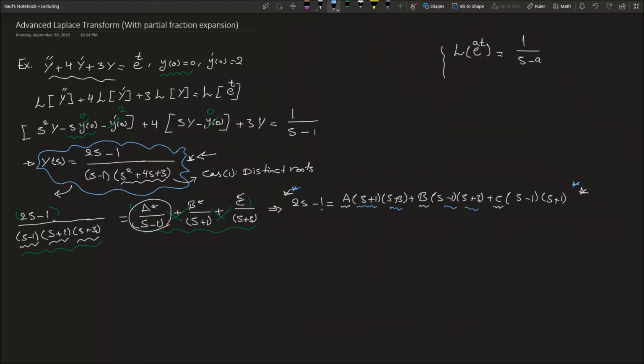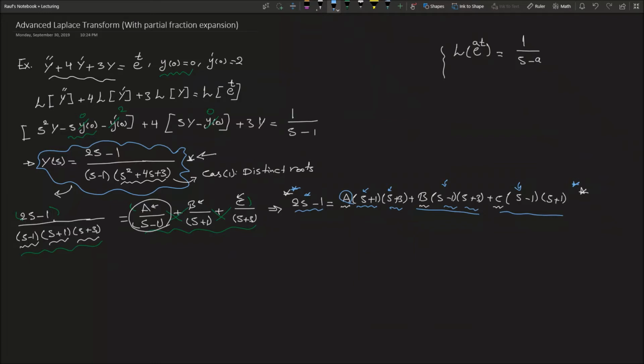So what you can do, for example, to get rid of this term and this term, you can assume s to be 1, since 1 minus 1 will be 0, so you clear out this term, and s minus 1, so 1 minus 1 will be 0, you clear the second term. Then you have the values of s on the right hand side and left hand side. You can easily find a. Okay, let's do that.